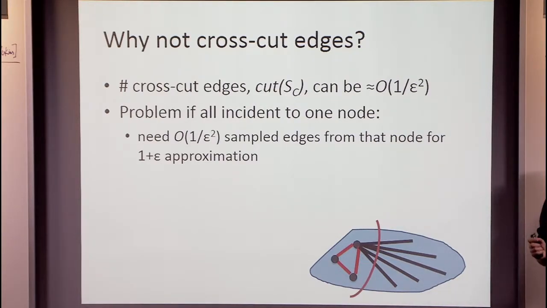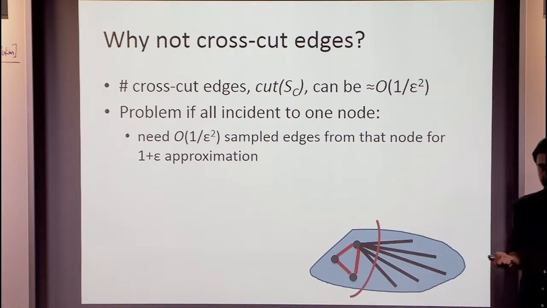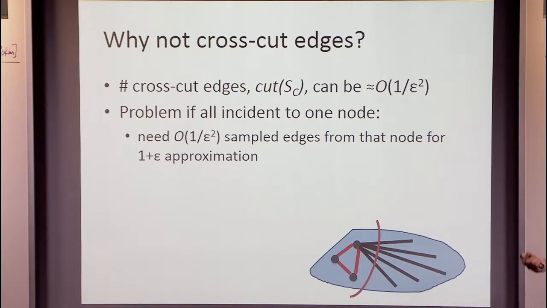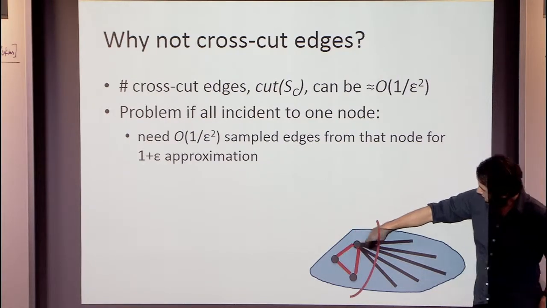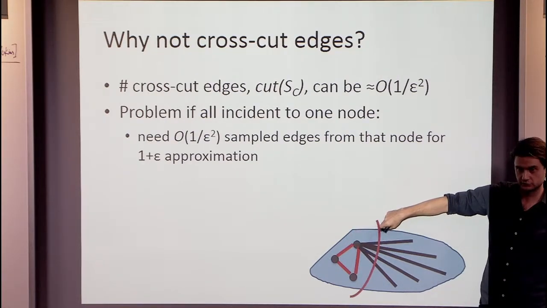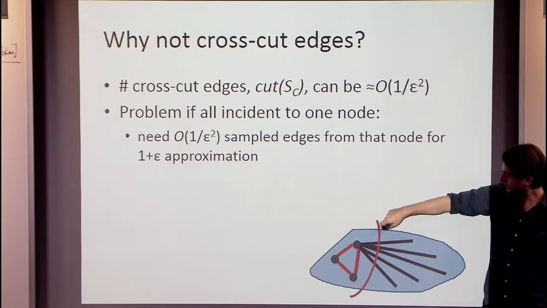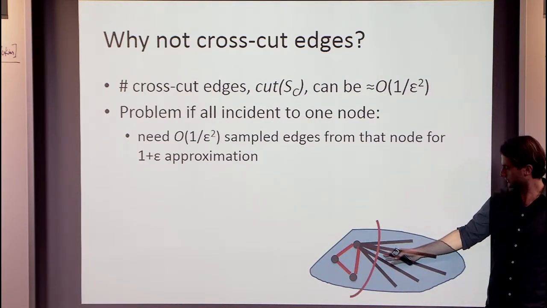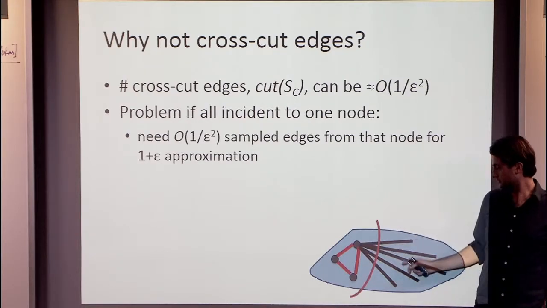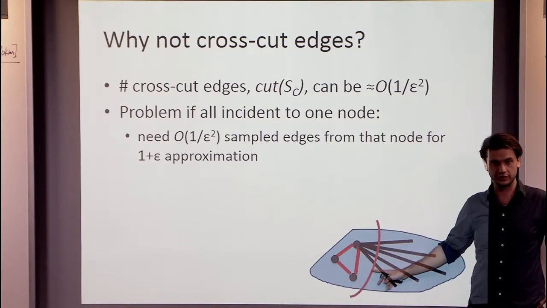Now, why doesn't the normal estimator work? Why does sampling 1 over epsilon edges from each node not work? It is because we can have one node that has 1 over epsilon squared degree, and if we just sample 1 over epsilon edges out of this node, we will just not have a good variance for this estimator.